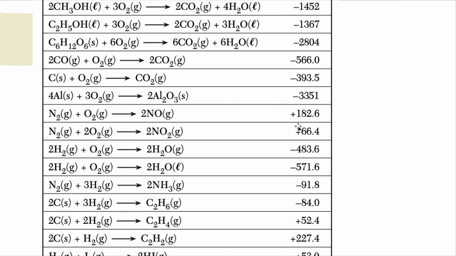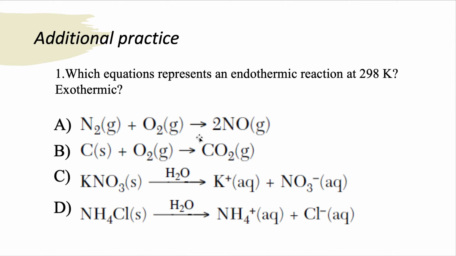That's my enthalpy change, 182 kilojoules. That's how much energy is being absorbed. Because it's being absorbed, it's endothermic. Remember, anytime it's positive, endothermic. So I'm going to write endo.